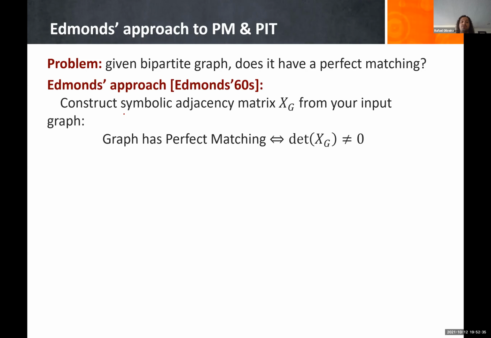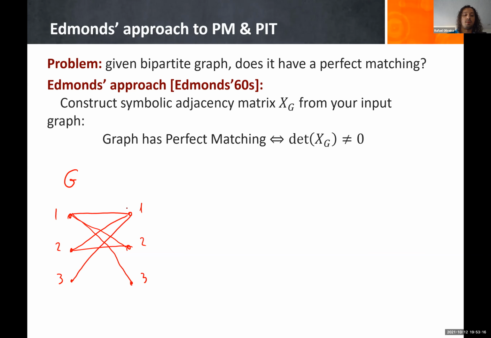And Edmonds had the following approach. Given a graph G, let's construct a symbolic adjacency matrix XG from our input graph. Let's say our graph G is this graph here, with vertices 1, 2, 3 on each side, and 1 goes to 2, 1 goes to 3, 2 goes to 1, 2 goes to 2, and 3 goes to 1.